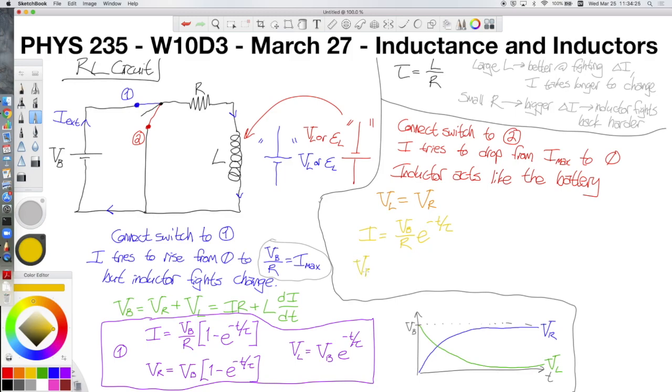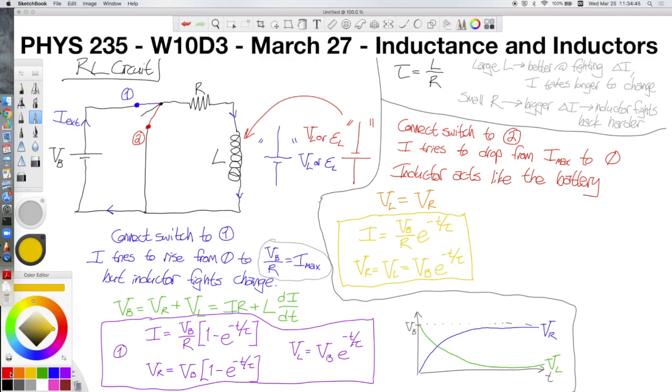And then the voltage across our resistor and the voltage across our inductor, at least in terms of magnitudes, are just the initial voltage, or assuming the battery voltage, times e to the negative t over tau. And these are the equations that we will need.